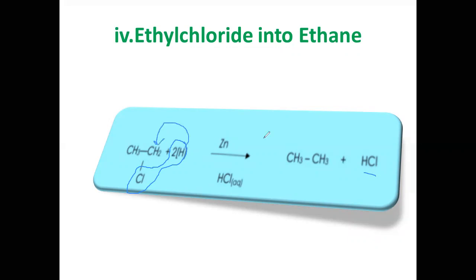So we will get CH3CH3, which is ethane. This is ethyl chloride. After reduction in the presence of zinc and hydrochloric acid it will give us ethane, and hydrochloric acid will form as a side product.